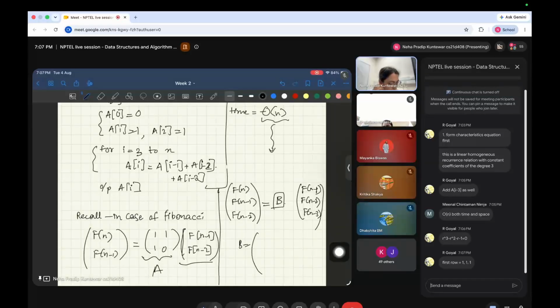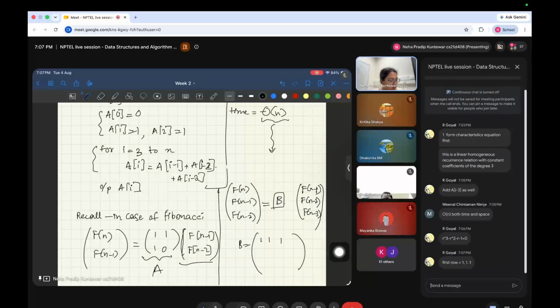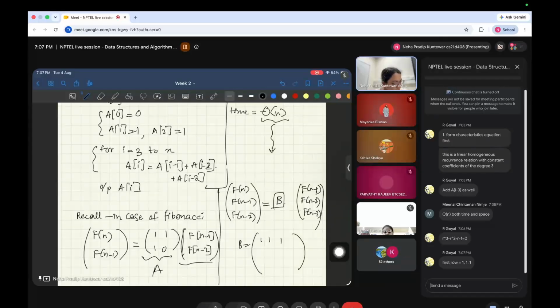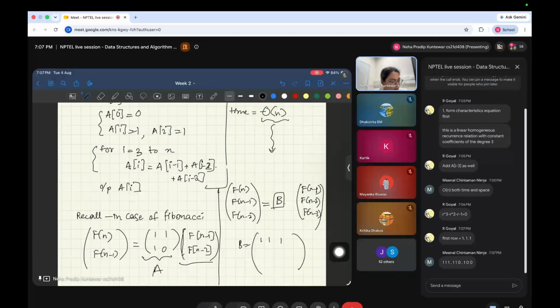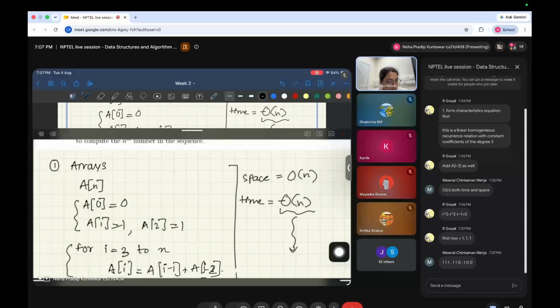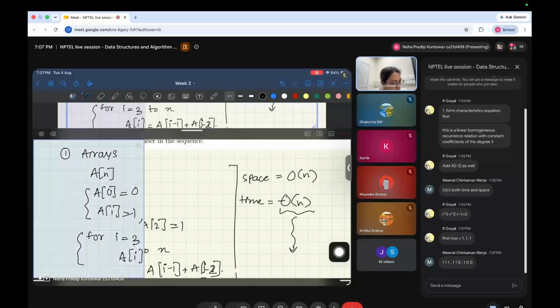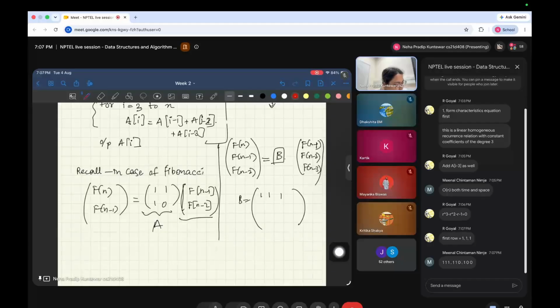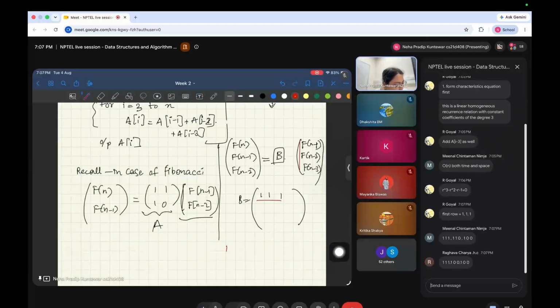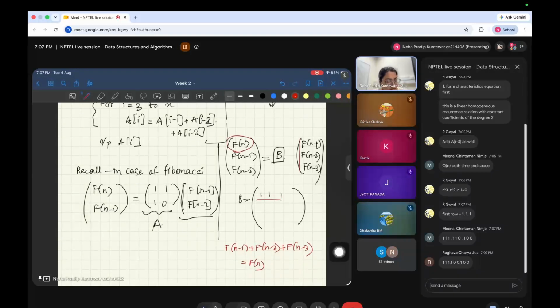Okay, first row is 1 1 1. So this is 1 1 1 because this row and this column would end up evaluating to f of n minus 1 plus f of n minus 2 plus f of n minus 3, which is nothing but f of n, which is what we wanted.